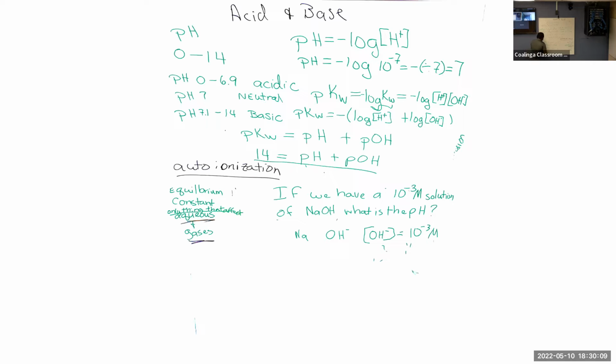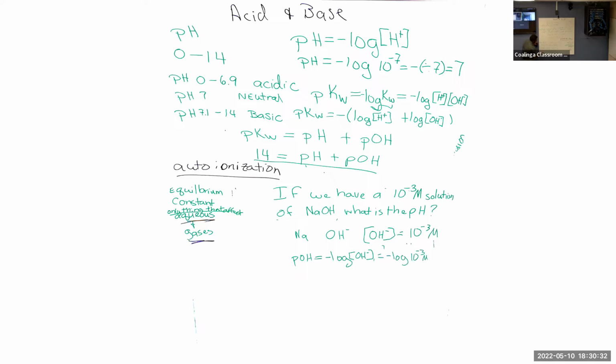So if I wanted to calculate the pOH, that's going to equal minus log of the concentration of OH, which in this case is going to be minus log 10 to the minus 3 molar.